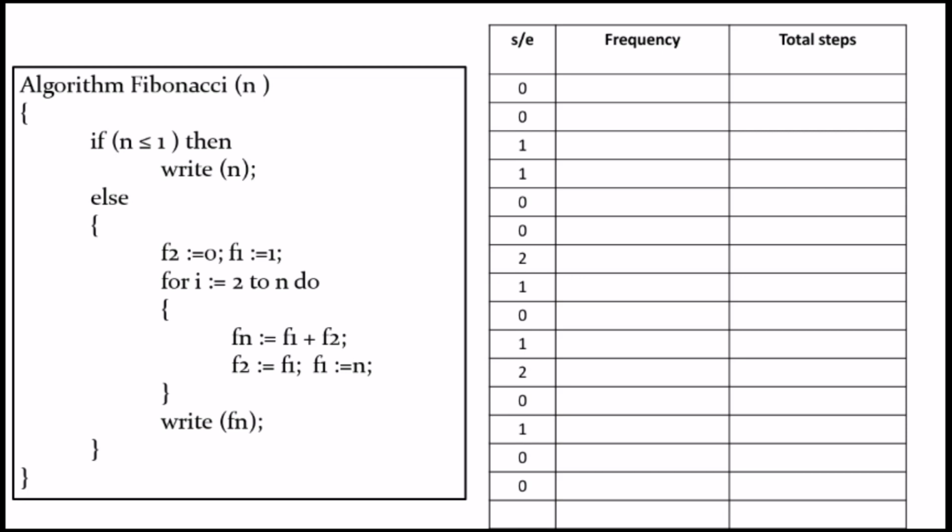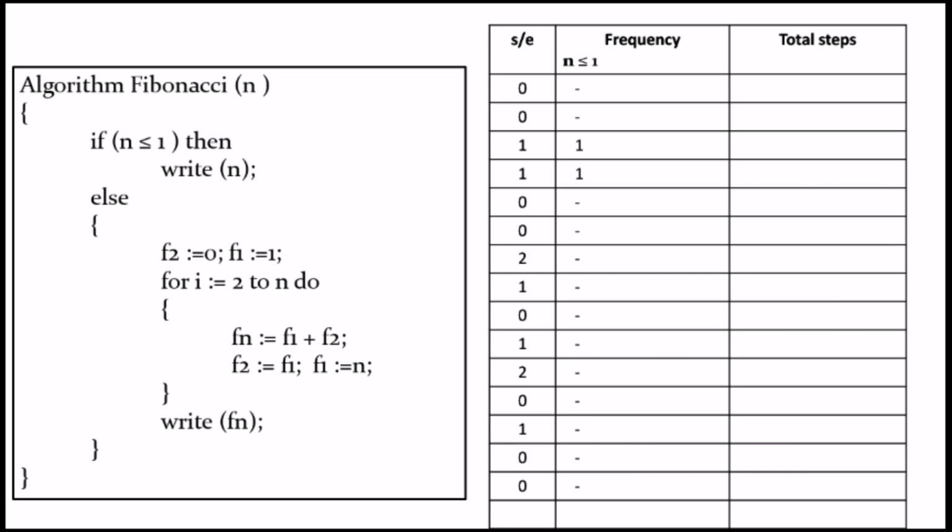So now we will see for the two different values. Because there are two parts, one is the if part and the second one is the else part. So first we will check, suppose the value is less than or equal to 1, meaning the value of n is suppose 0 or 1, then we will calculate how many steps are required for this algorithm.